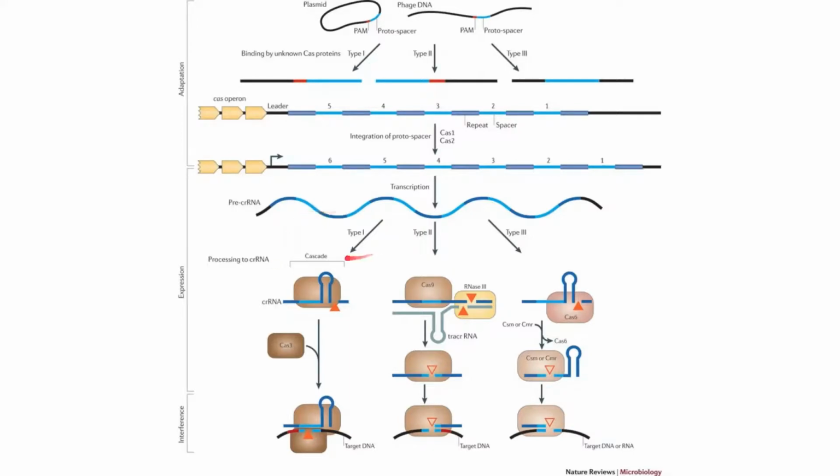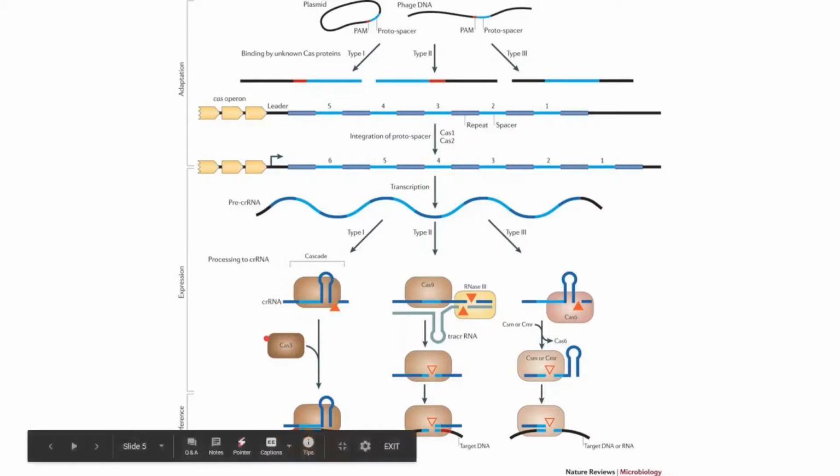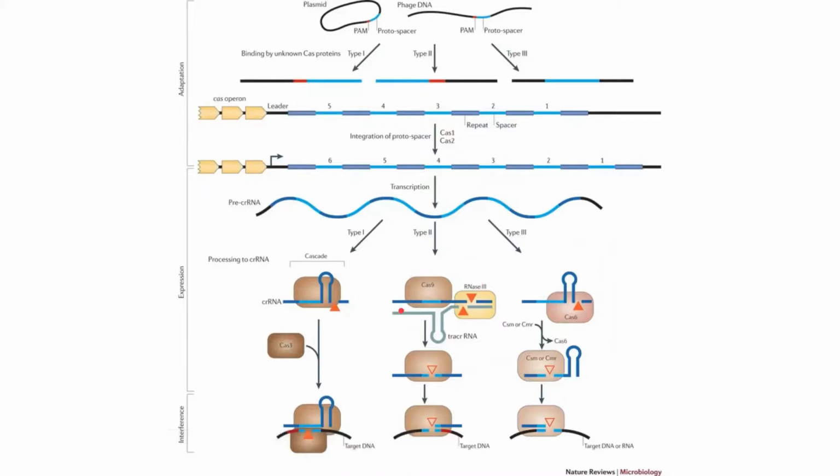Depending on the type of system, this CrRNA will be incorporated into a Cas complex differently. For type 1, we can see that Cas3 is the hallmark protein. For type 2, Cas9 is the hallmark protein as stated earlier. And for type 3, Cas6 is one of the hallmark proteins. Cas10 is also another protein that is typically talked about when type 3 is of interest.